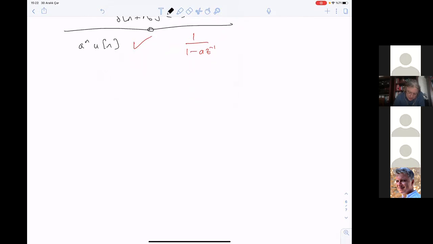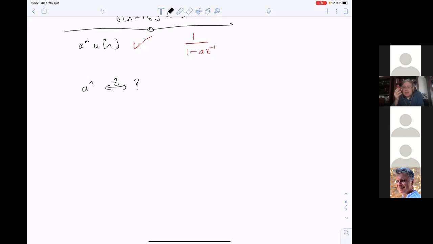How about a to the n? What's the z transform of a to the n? And sometimes the students just say that the z transform is again like 1 over 1 minus a z inverse. But look at it, it's not a to the n times u of n, it is a to the n.